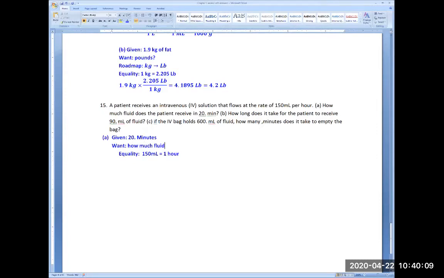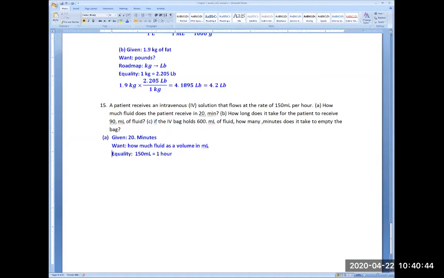What do you think? Because the rate is given in milliliters per hour, you can expect that the fluid will be given as a volume in milliliters, because that's the information you have. So you want to match that.